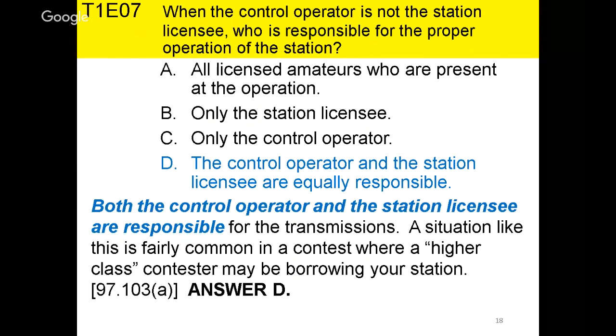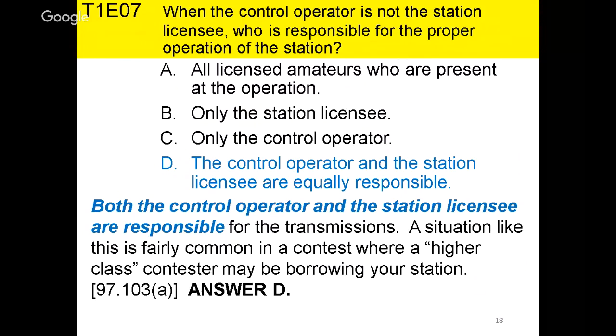So if somebody comes over to my house and wants to operate, they can operate my 2-meter radio if they have a Tech class license. I'm also responsible, but I can walk out of the room, and if they're operating on 2 meters, or any of the other authorized Tech class frequencies, that's fine. I'm equally responsible, but I don't have to actually be in the room.